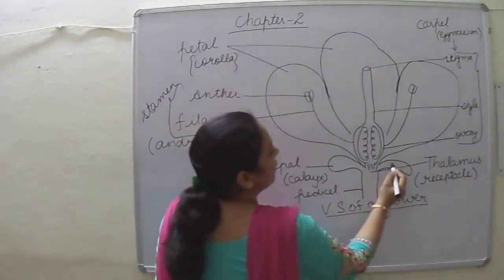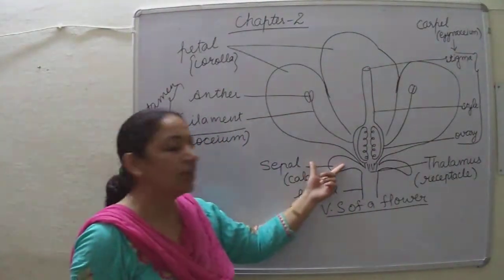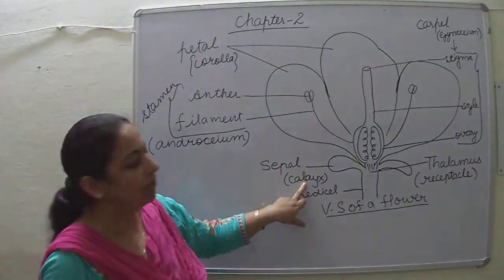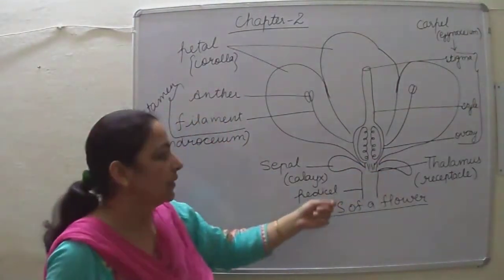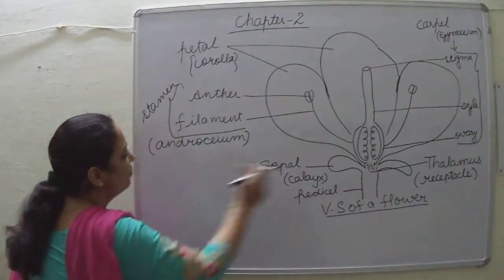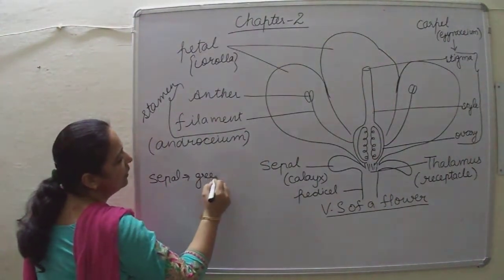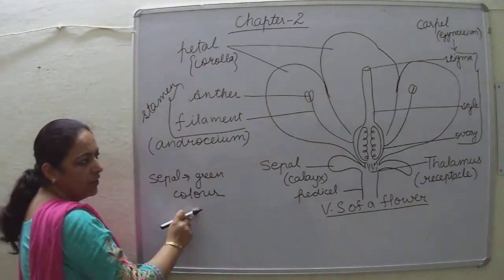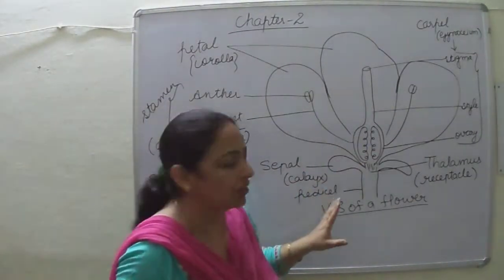These are the sepals. A single one is known as a sepal, and together they are known as the calyx. The calyx is a whorl of leaf-like structures at the base of the flower near the thalamus. They are usually of green color. What is its function? It protects the flower in bud condition.